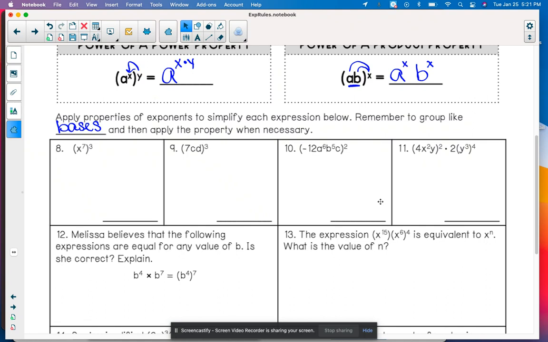So let's look at 8 first. So this one is going to be similar to your power of a power property. Power of a power property I'm going to show in blue. Power of a product I will show in purple.